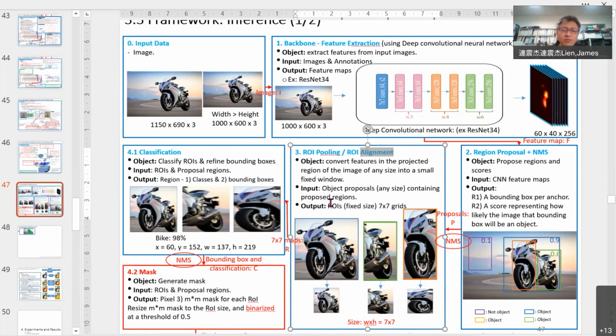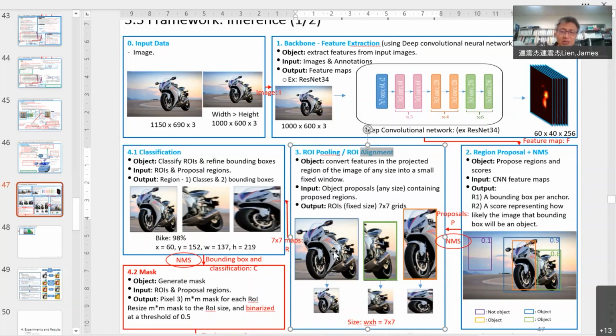Remember, the output of the region proposal network is just the bounding box without texture. This is just a position, XYWH. So you need to come back here to get the feature information for the final classification and refinement.